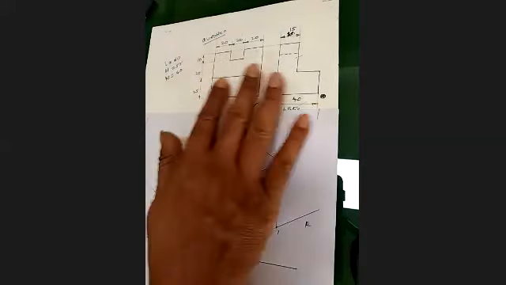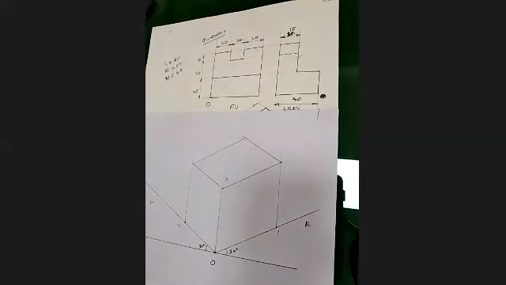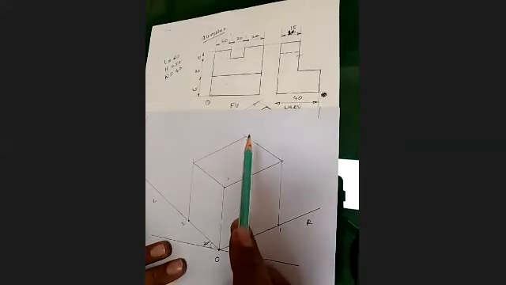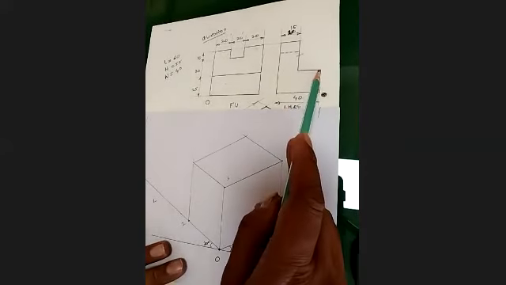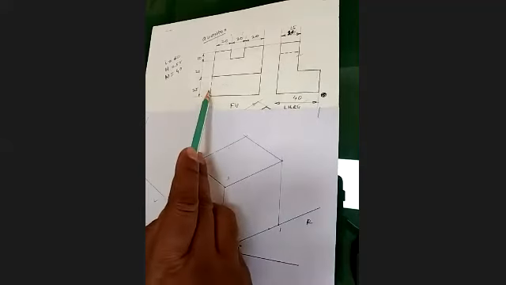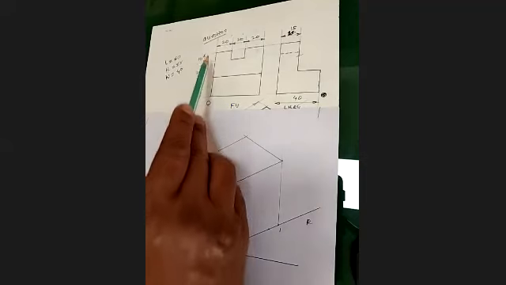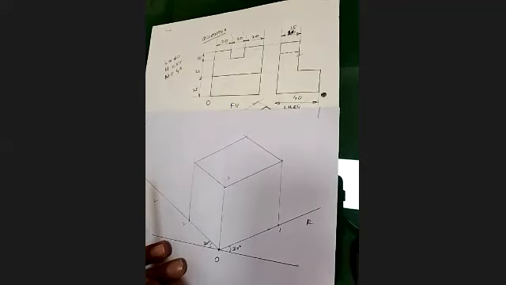It's quite simple views, front view and side view. I will get the answer for that. Now, the width is 40. This step is of height 25 millimeter. Then the upper part is of 30 millimeter.